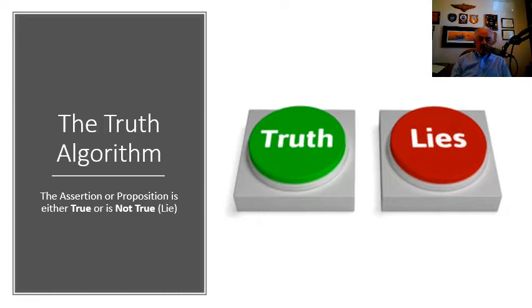The truth algorithm is going to help us in a rather substantial and important way to determine if an assertion or proposition that claims to be true is in fact true, or it is not true, which is also termed a lie.